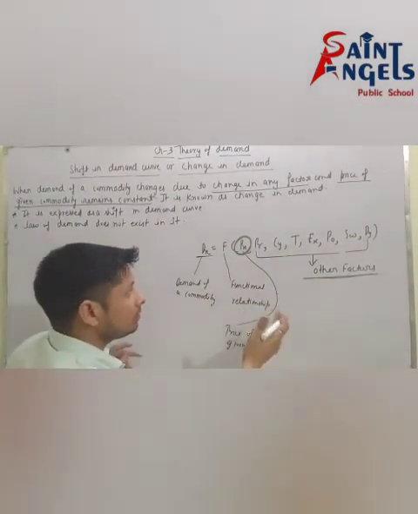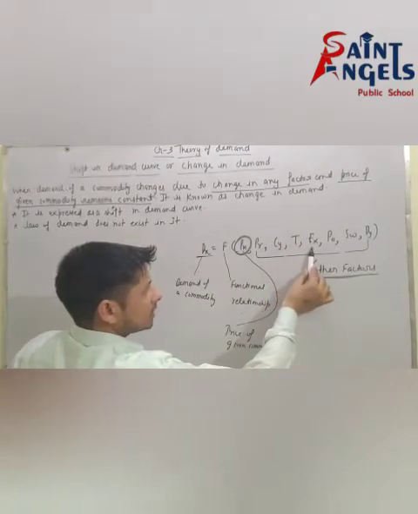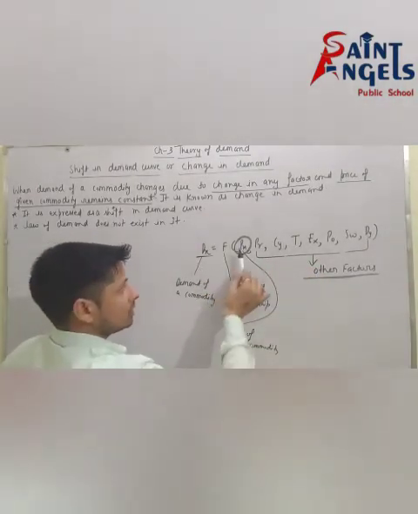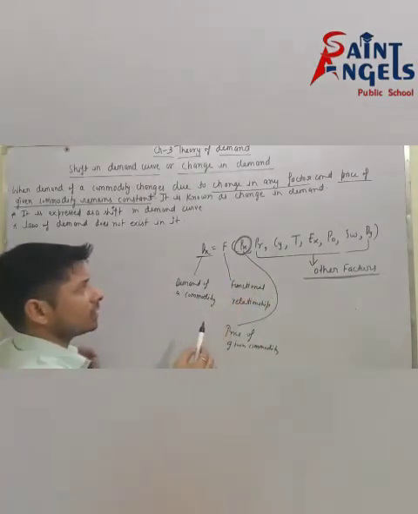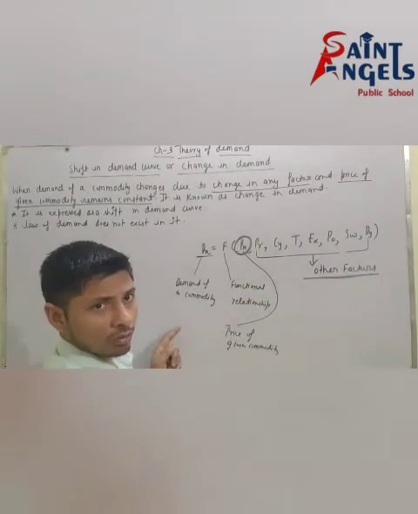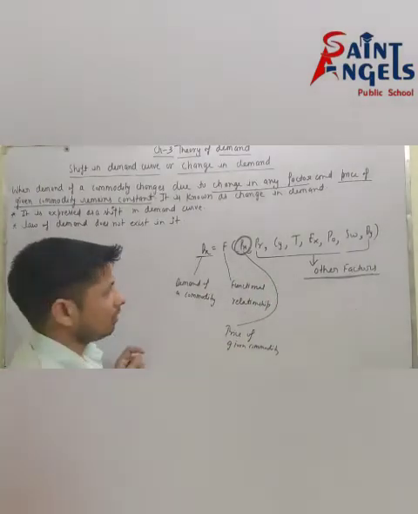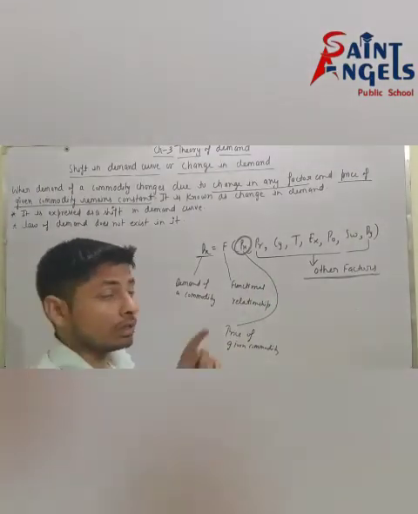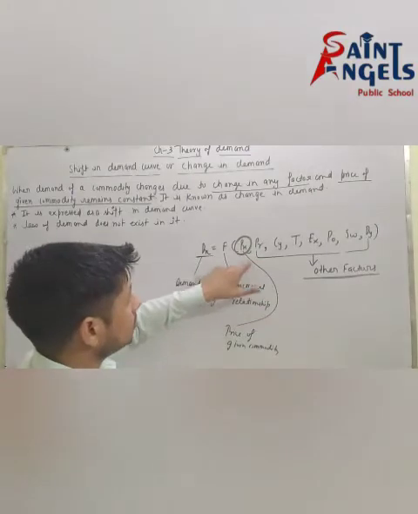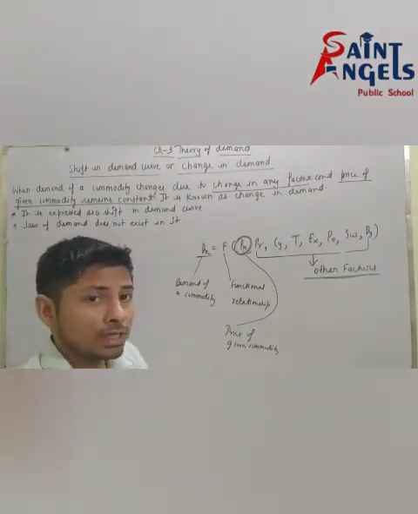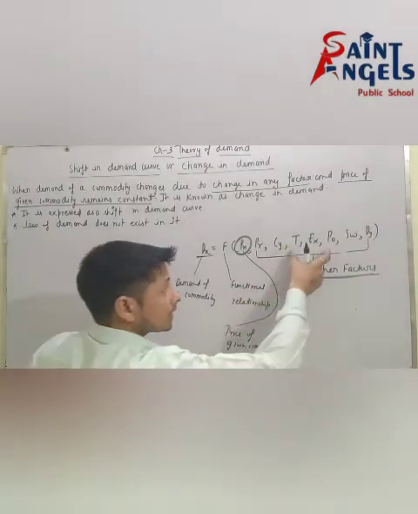What does it mean? It means these factors will affect the demand for a commodity, but this factor will not affect the demand for a commodity because it remains constant. This is the explanation according to this definition.